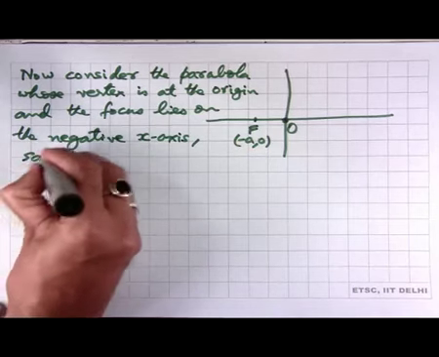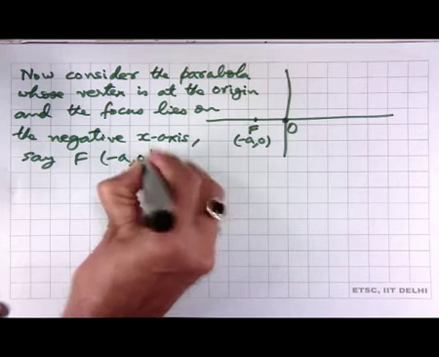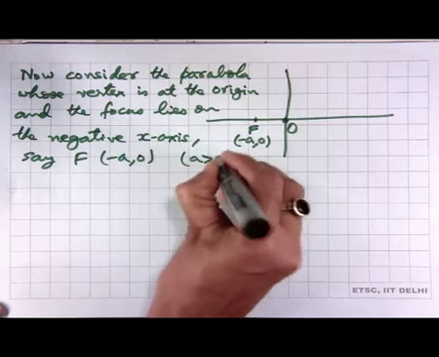Say f has coordinate minus a comma 0, where a is positive.